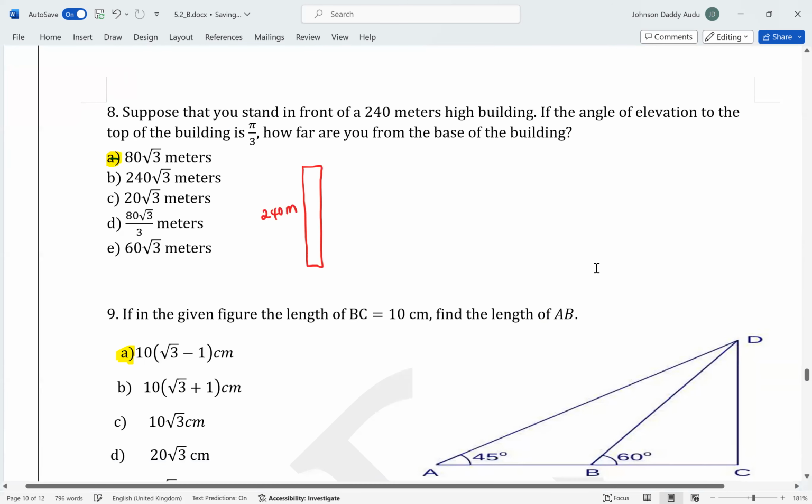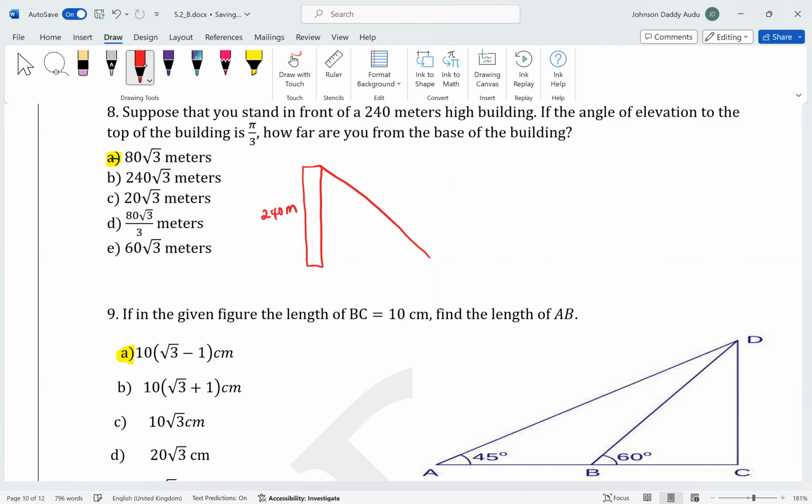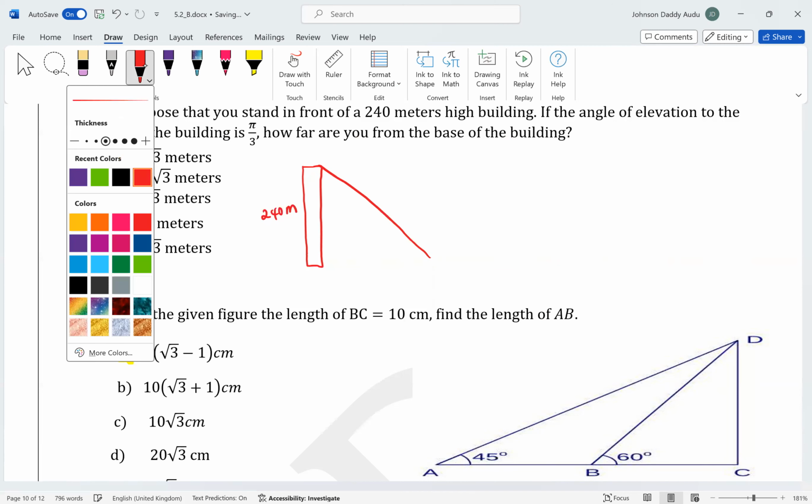Then if the angle of elevation to the top, so if you are standing, the angle of elevation means you are looking at the top, right? Suppose you stand, let's see, how far are you from the building?